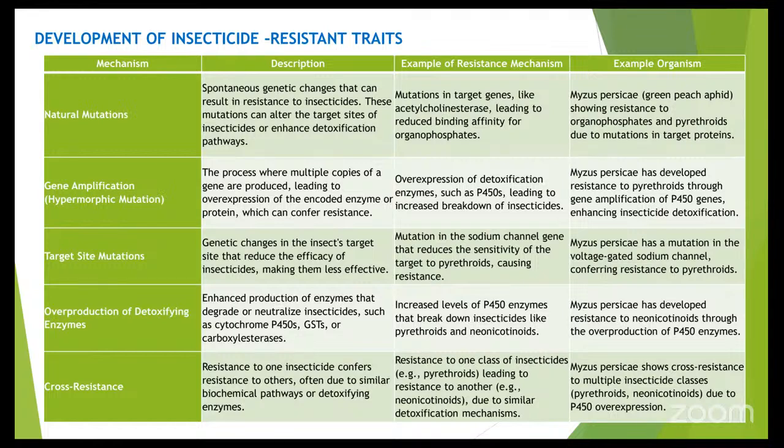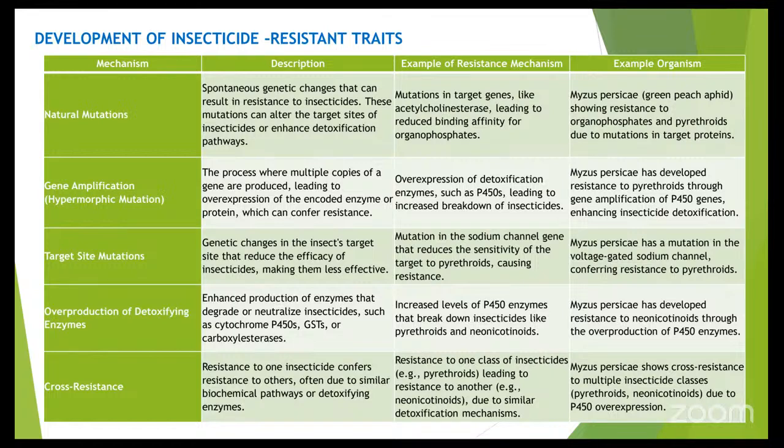These are spontaneous genetic changes that can result in resistance to insecticides, and these mutations can alter the target sites of insecticides or enhance the detoxification pathways. Such examples are mutations in target genes like acetylcholinesterase, leading to reduced binding affinity for organophosphates.